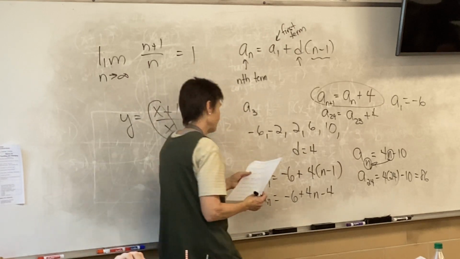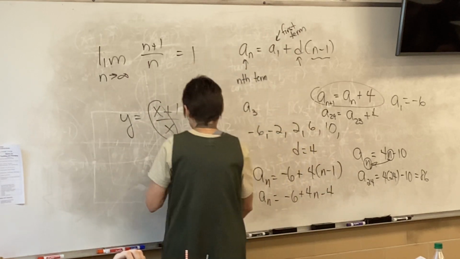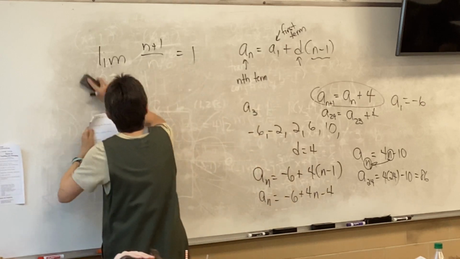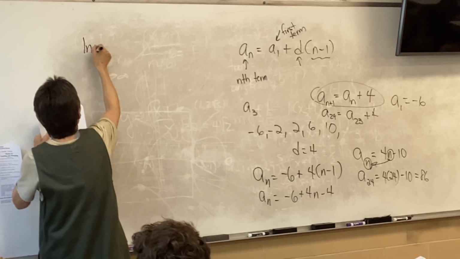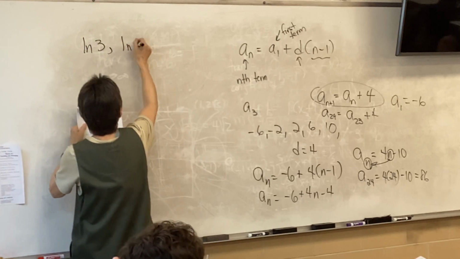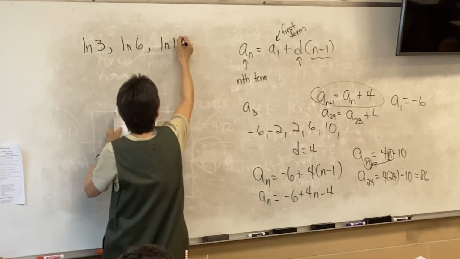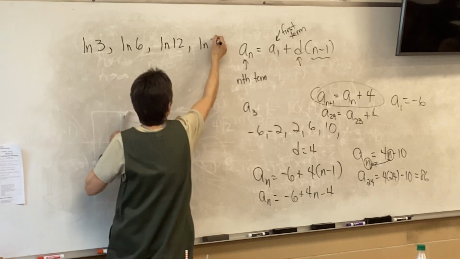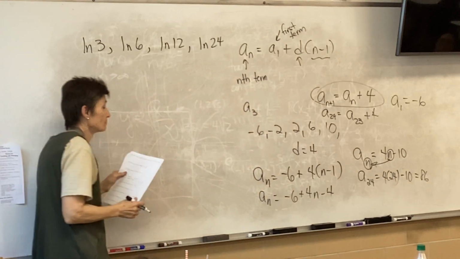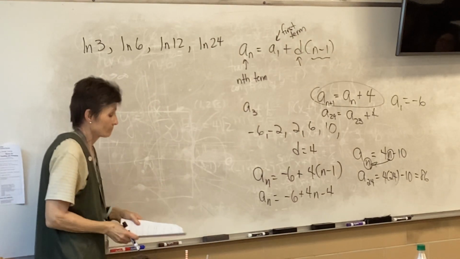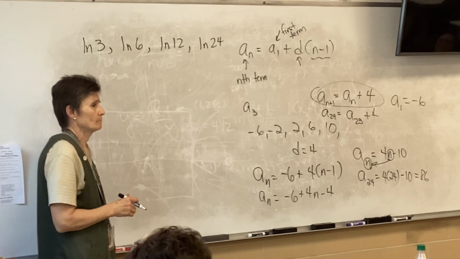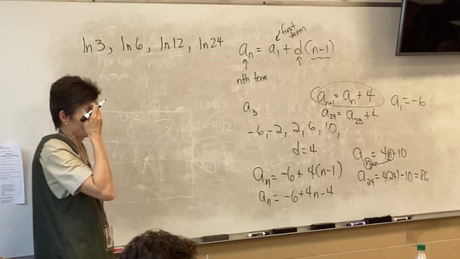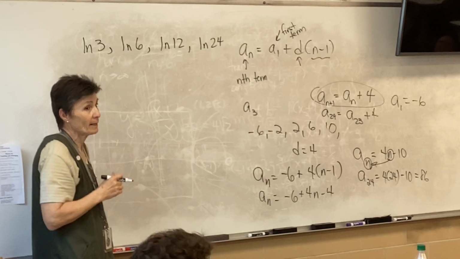All right, D. Now we're making it interesting. We have ln3, ln6, ln12. This is supposed to be arithmetic.